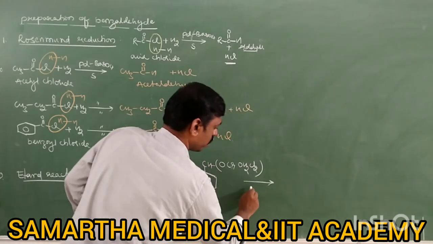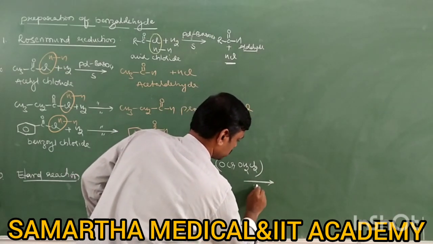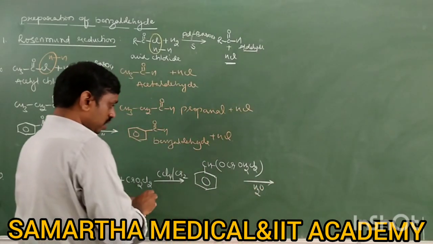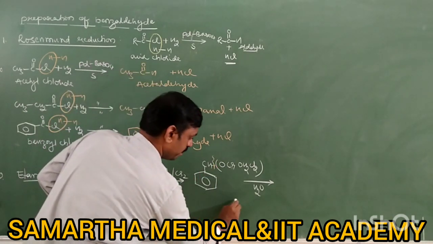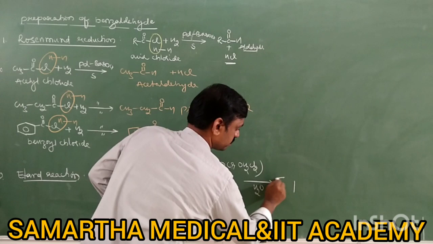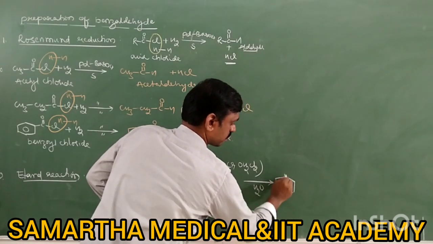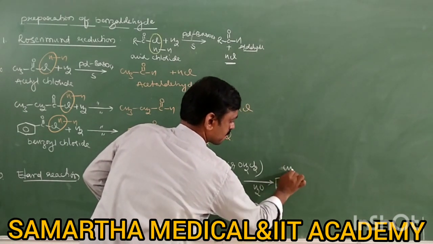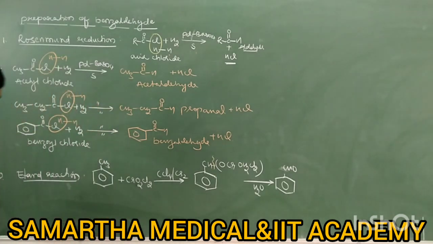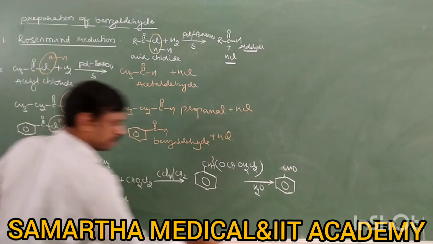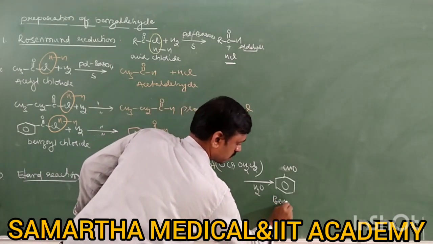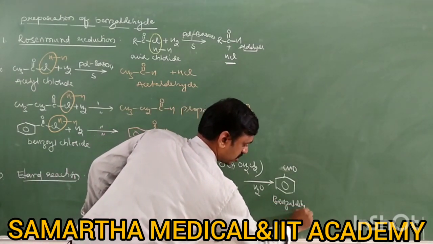This chromium intermediate undergoes hydrolysis. This is treated with water and here this bond is broken, you will get benzaldehyde. So therefore, what is the statement? Statements are important in named reactions.